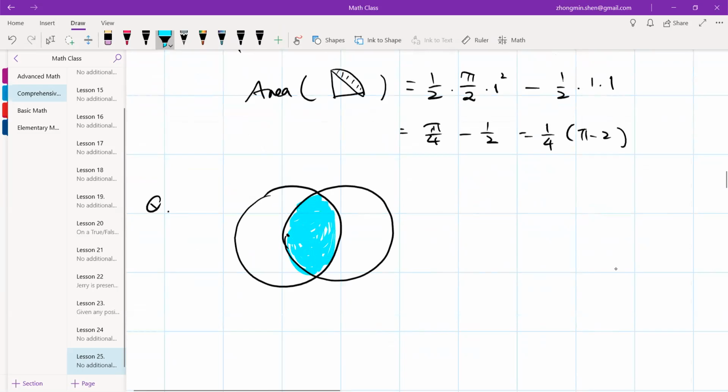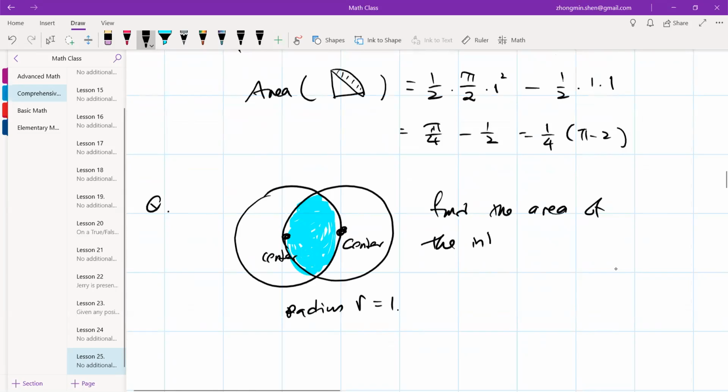We know that they're passing through the center of each other. So this is the center. The radius is going to be 1. Find the area of the intersection.